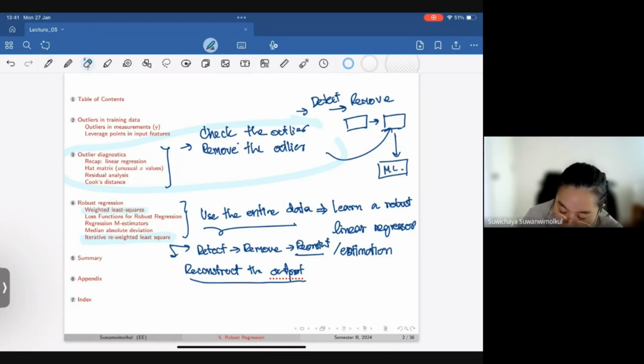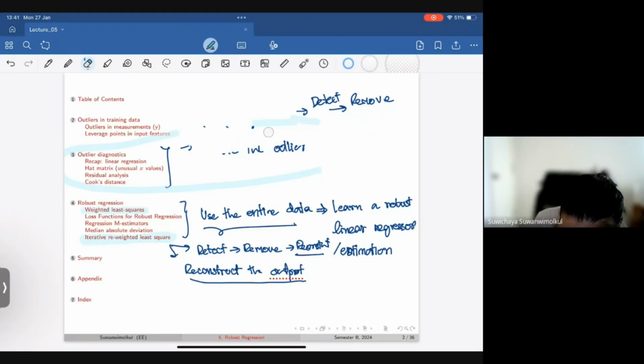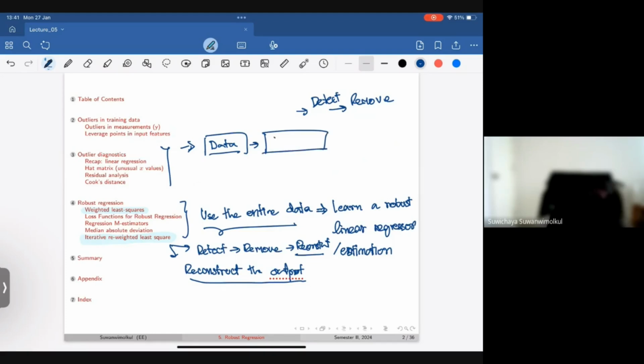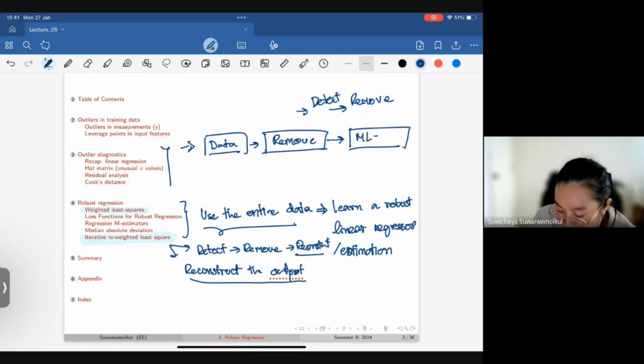Sorry, I'll go back to the one at the top and put it in a better way. You have data processing and you remove outliers, and then you train a normal machine learning method. It does not need to be a robust method.